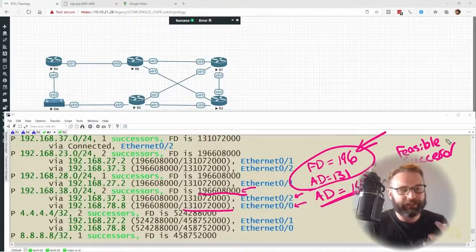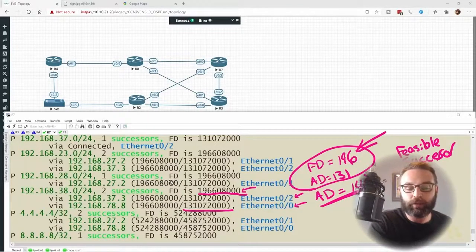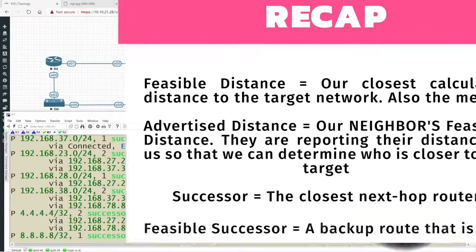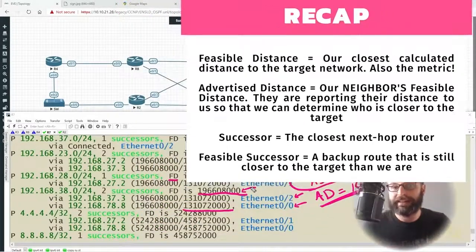So I know this is where it gets complicated, is all the different terminologies. The first one is we have a feasible distance, which is our calculated path to get towards a subnet. And we have a successor route. When there's one successor, that means there's one best path to get there. When there are two successors, unless we've changed something, there are two equal cost paths to get towards a destination.